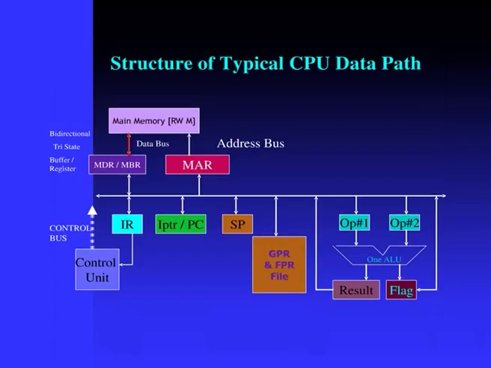After the access time has elapsed, which is the time required for the memory chip to perform the read operation and deliver data on the data bus, the contents are transferred from the data bus to MDR. Then the contents of the MDR are transferred to IR, the instruction register. The instruction once brought in IR is ready to be executed by the CPU.